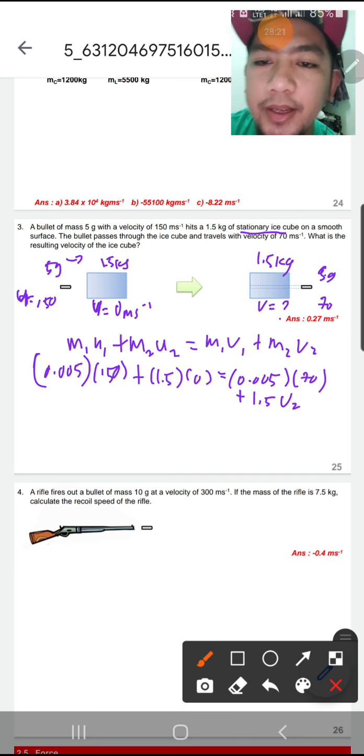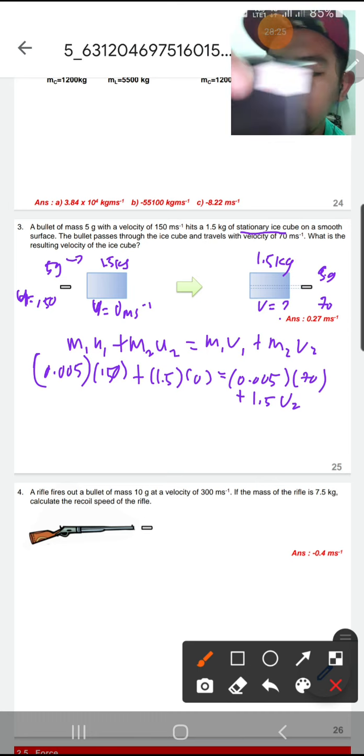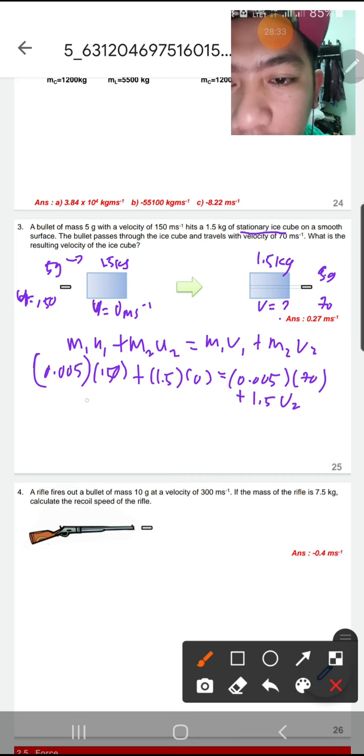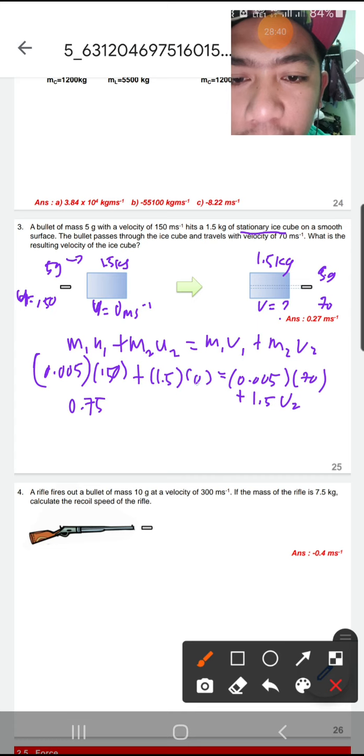So when you calculate 0.005 times 150, here you will get 0.75 plus 1.5 times 0, so it's 0, no need to write.